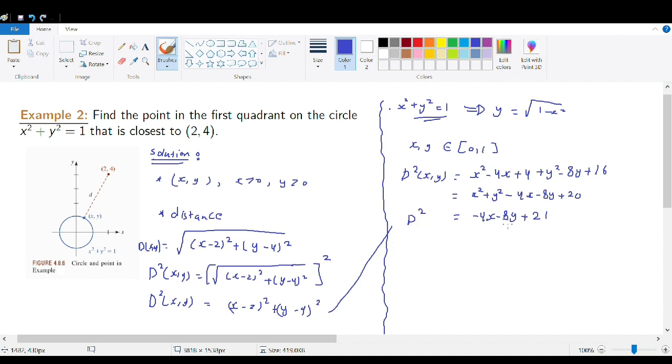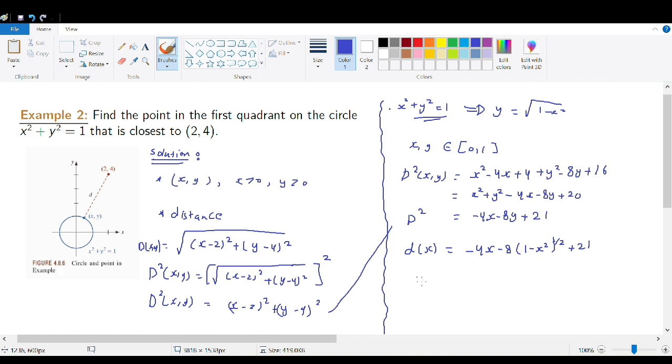If we need to rewrite our function as a function of x only, so write for example this is d of x, this will give us minus 4x minus 8, and we replace y by the root of 1 minus x squared, so 1 minus x squared to the power half, plus 21.